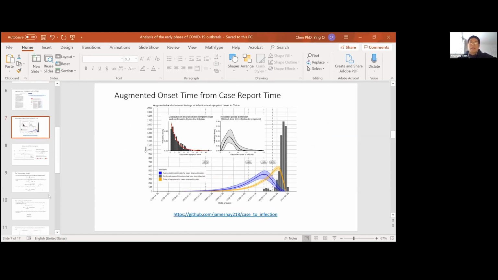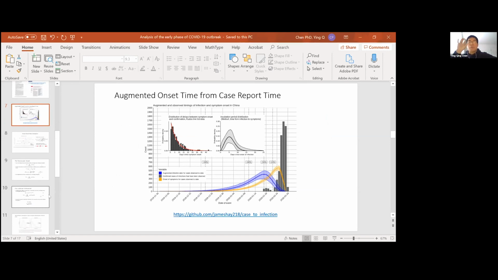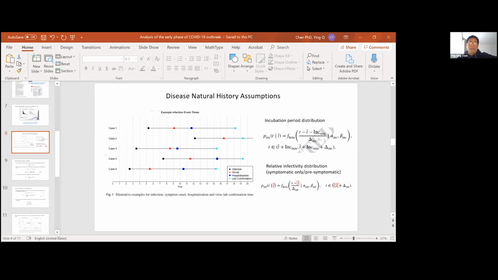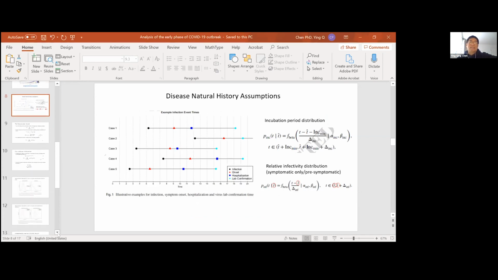Also, some people posted their so-called augmented onset time from case report times, to model the reporting delay. And we drew some illustrative examples here. First you get infections, and then you have symptom onset. Then people go to hospitals to seek hospitalization, and then the hospital will do lab confirmation later on.